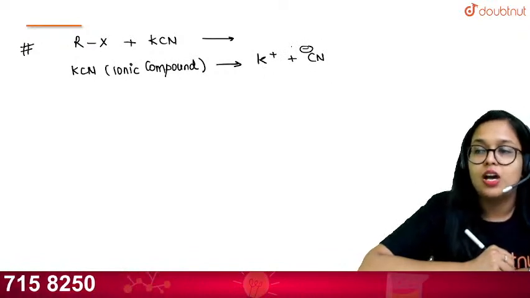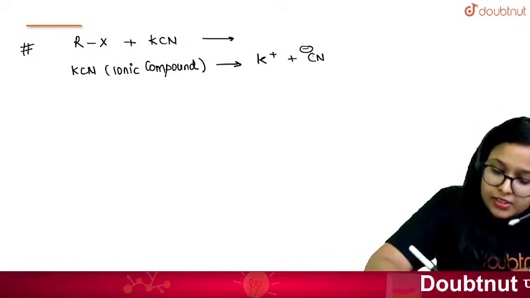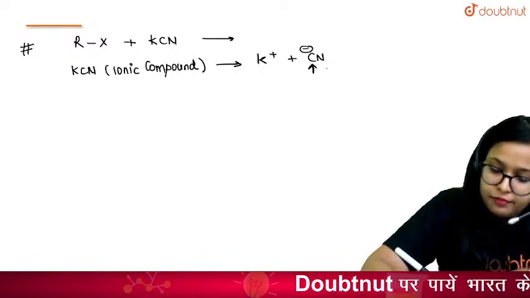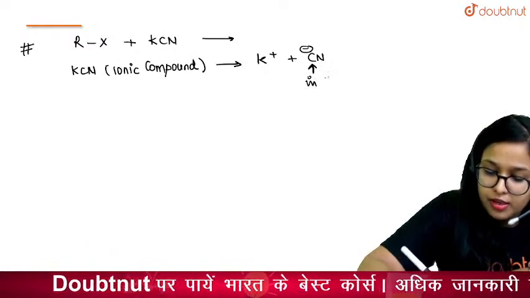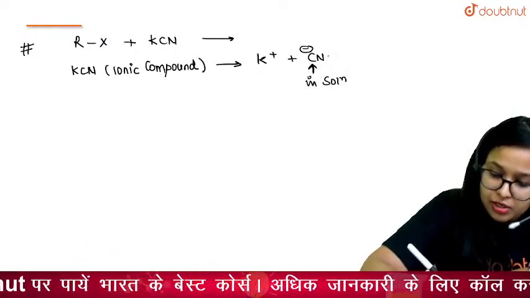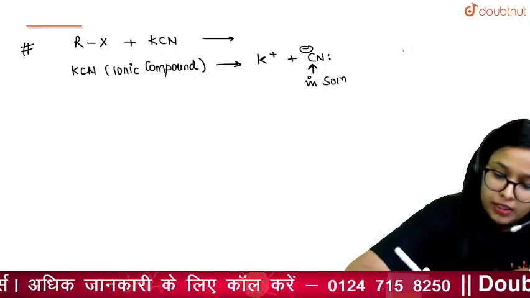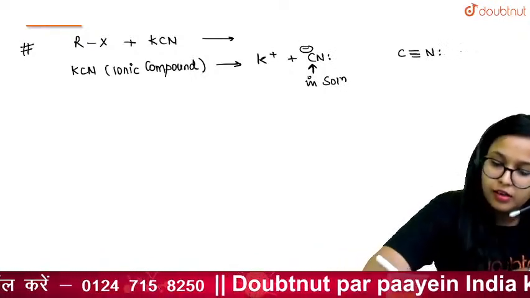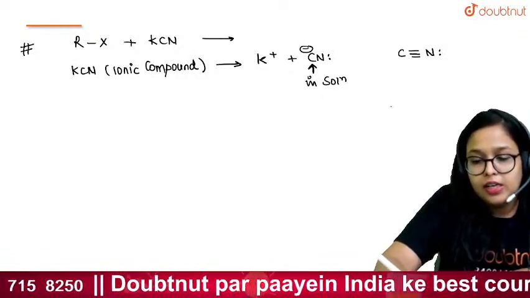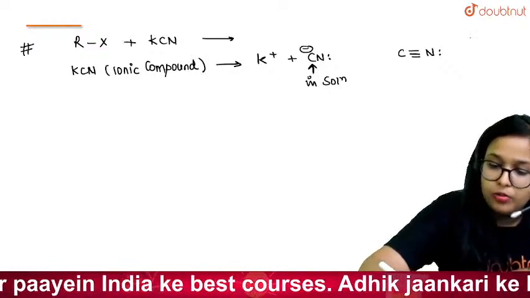The negative charge appears on the carbon atom. The C side of the cyanide ion in the solution has the negative charge, whereas the nitrogen has only a lone pair. If you understand the structure of potassium cyanide, it is an ionic compound.